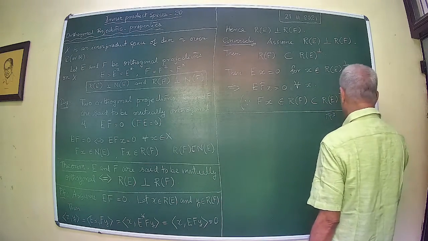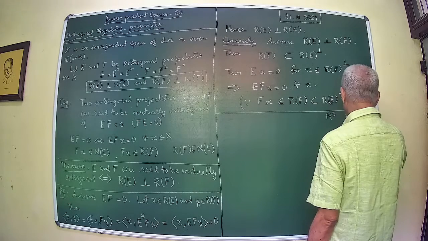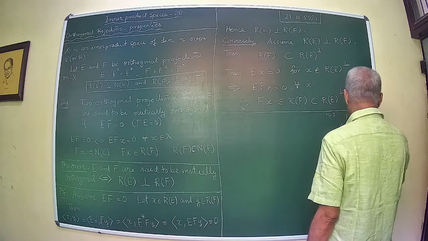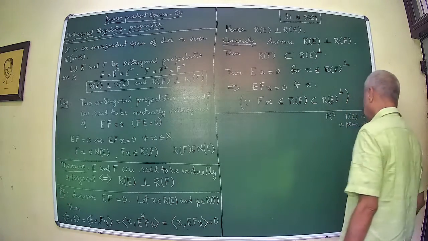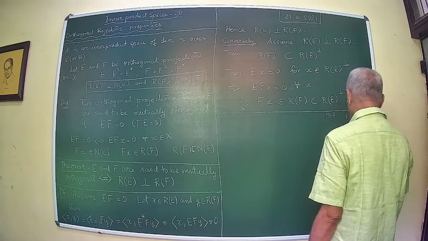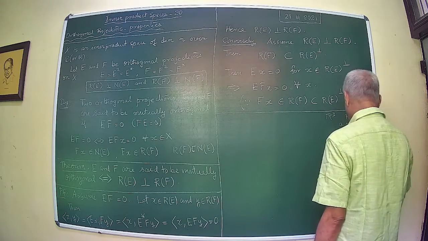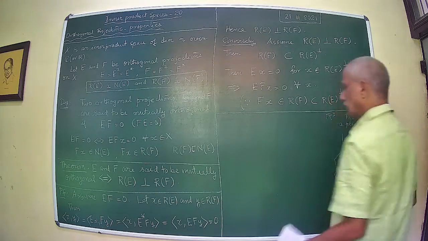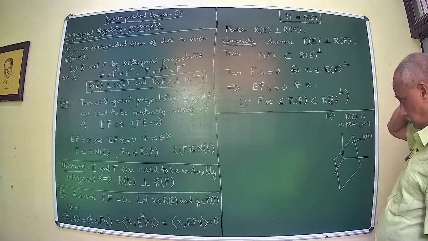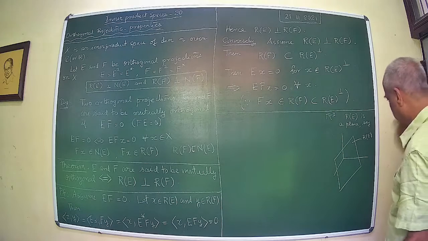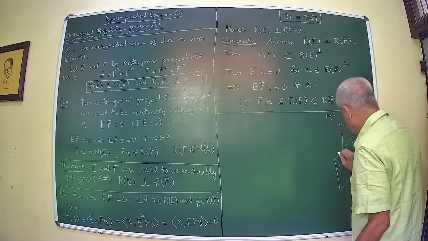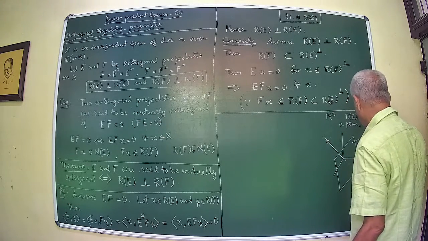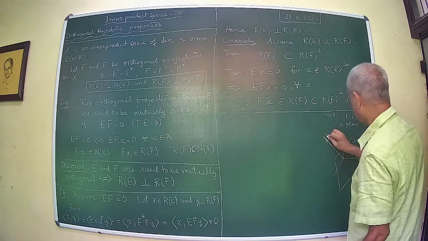Which means, say, range of E is a plane through the origin, of course. Now you are talking about the line orthogonal to, or the subspace orthogonal to this, which is RE perp.